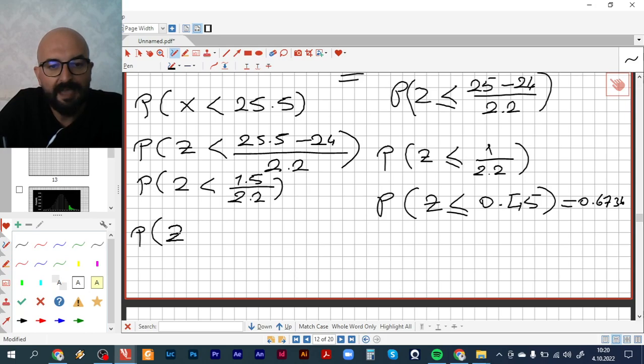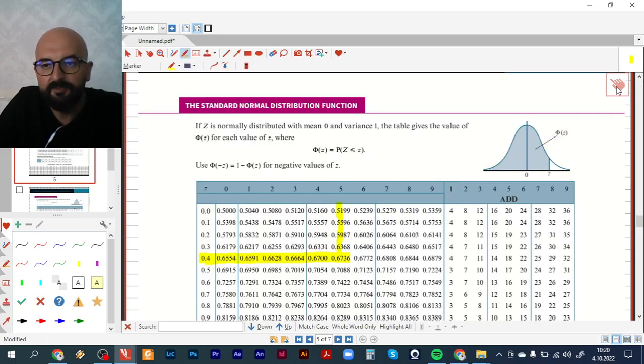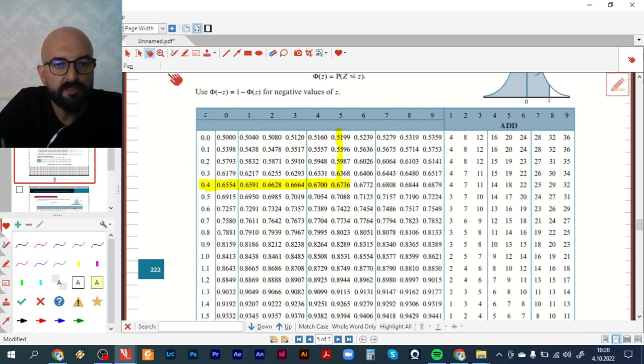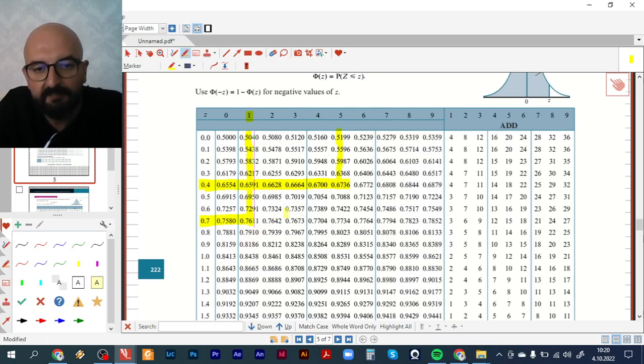0.7, that's less than 0.1, and we will use the z table. Firstly we will use 0.7, and the second 0.1, and the corresponding column. 0.75 and 11.